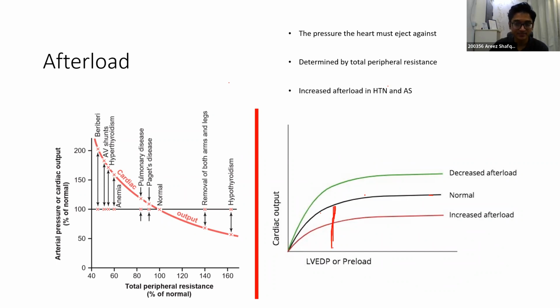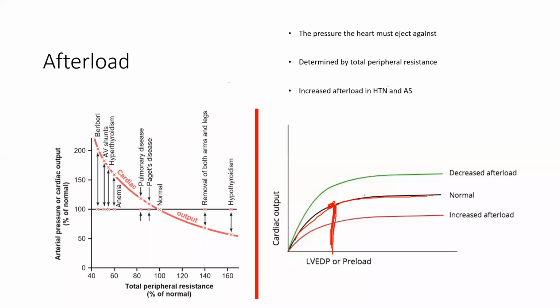I'm not going to change this. This is my original cardiac output. If I'm moving along the curve, would you agree that this would be Frank Starling? Yes. If I move this curve up, I get an increased cardiac output at the same preload.